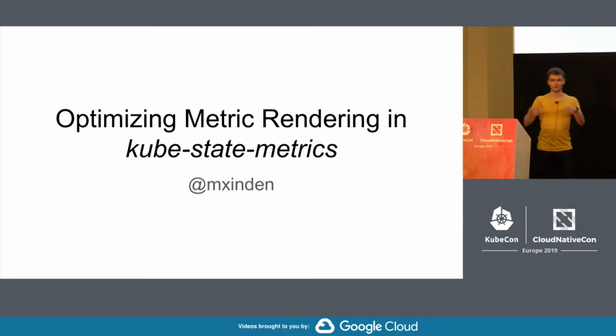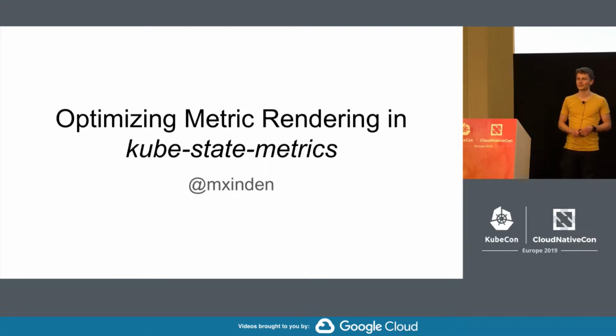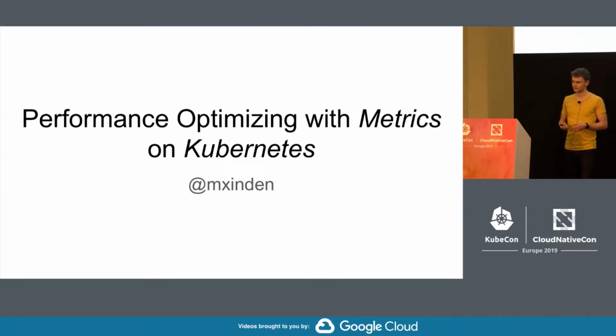We already saw this slide. Optimizing metric rendering of kube-state-metrics, of that very specific component in SIG Instrumentation. But you could also take a different perspective at this talk. Maybe you're not very interested in kube-state-metrics, or that particular component, or you're saying, okay, it's performance optimized now, I don't really need to know about the internals. But the alternative perspective you can have here is, how can I performance optimize an application with the help of my monitoring system on top of Kubernetes?